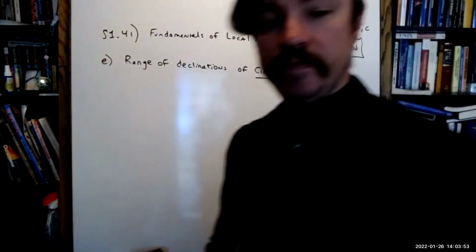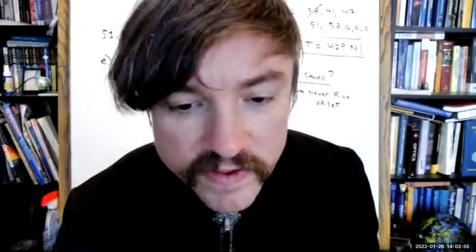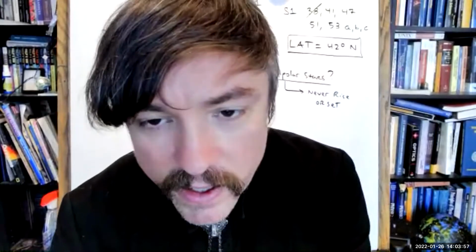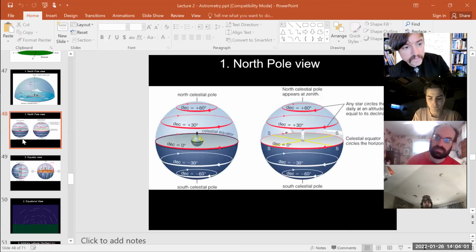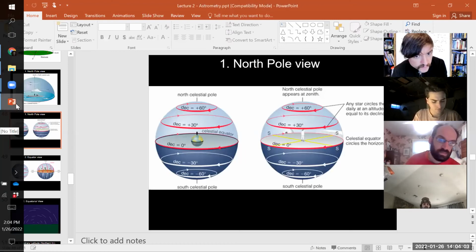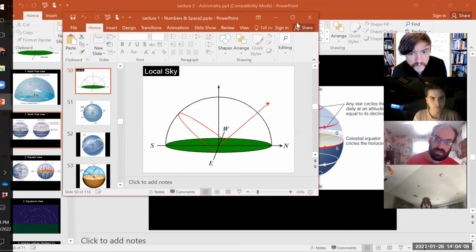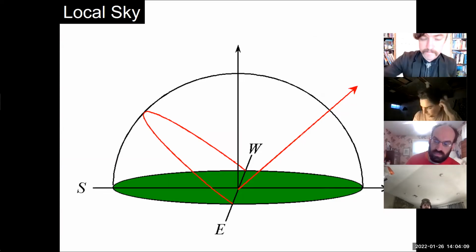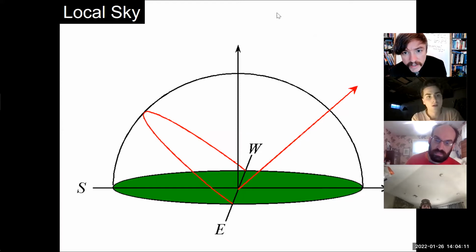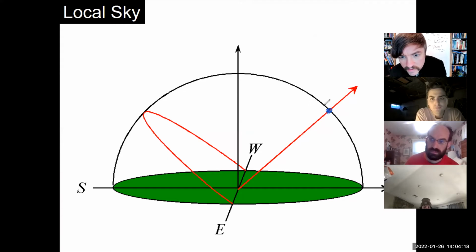Let's keep that handy. Let's look at our local sky here. We have to find the range of declinations, and that might be kind of tricky. Okay. Is Polaris circumpolar? Cole says yes.